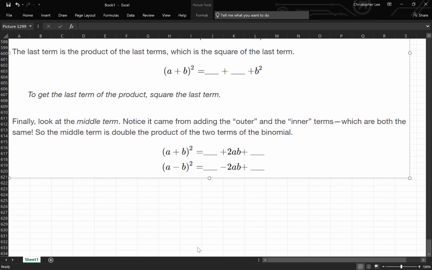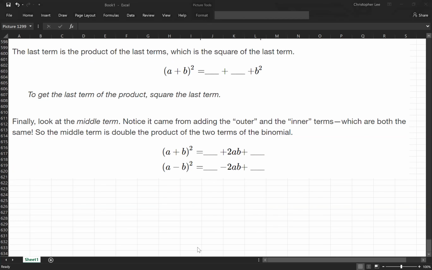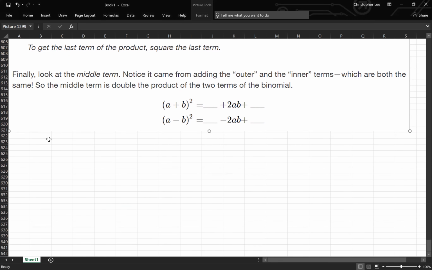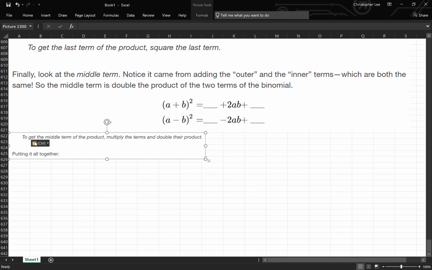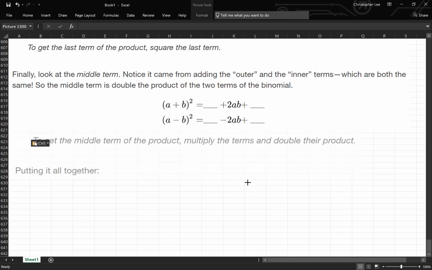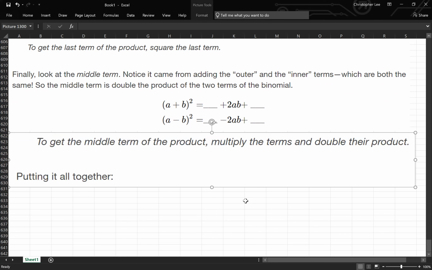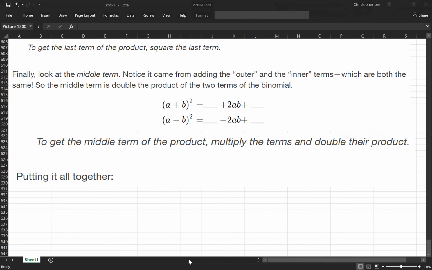All right. So to get the middle term of the product, multiply the terms and double their product. Put it all together. Let's look at what we have.